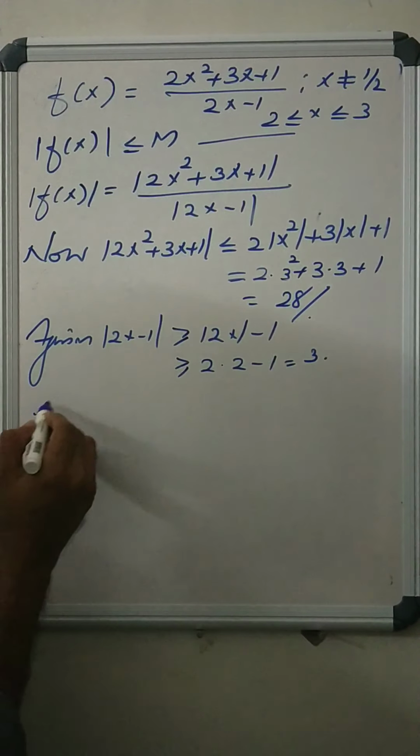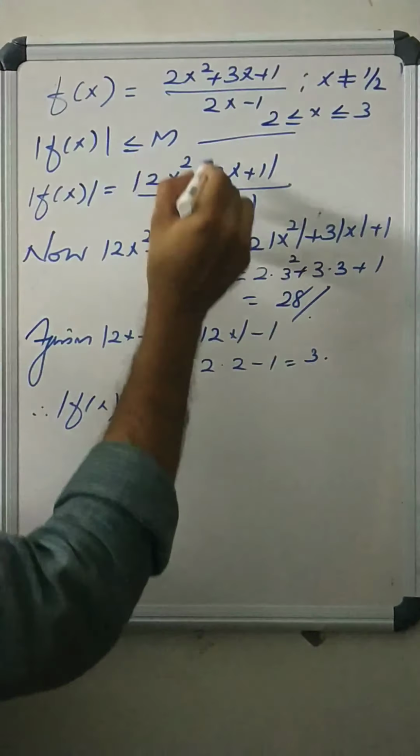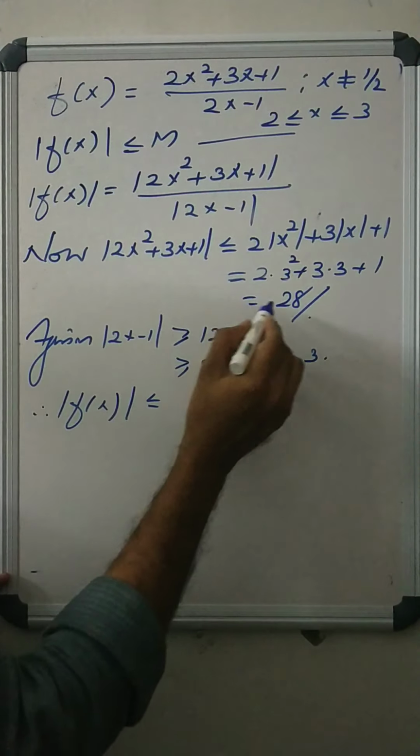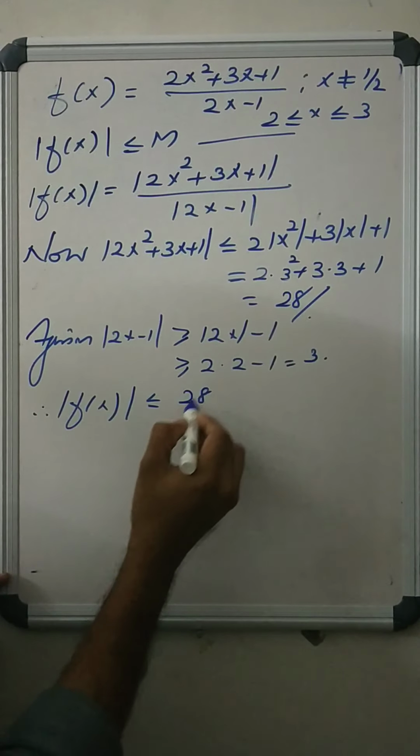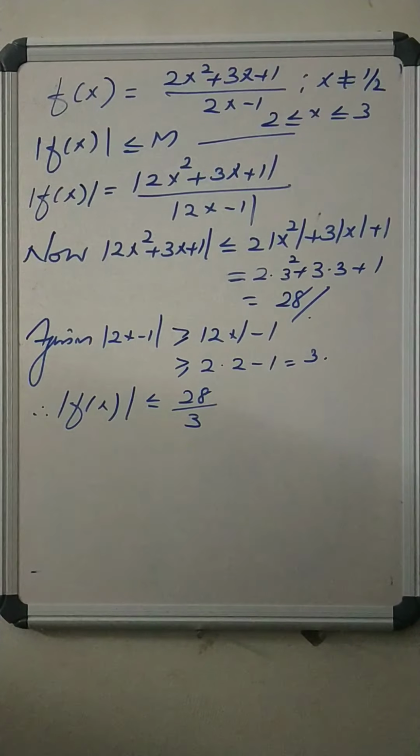Therefore, modulus of f of x is less than or equal to mod 2x square plus 3x plus 1 over the denominator: numerator less than or equal to 28 and denominator is 3. So mod f of x is less than or equal to 28 by 3. So the value of m is 28 by 3 itself.